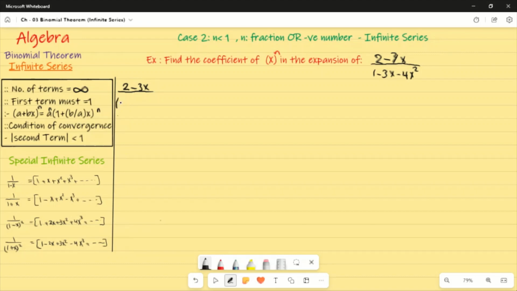Here we find 1 minus 4x into 1 plus x. Okay, this equals, from the partial fraction lecture, we write these factors 1 minus 4x and here 1 plus x.